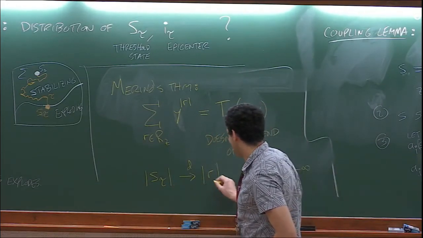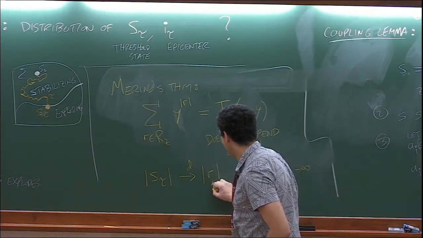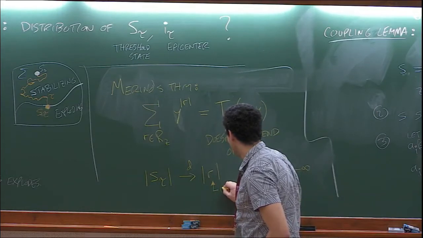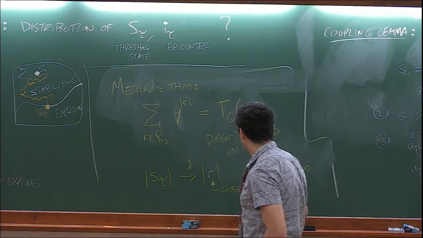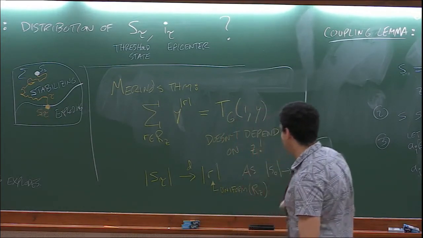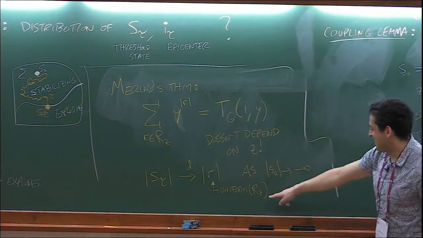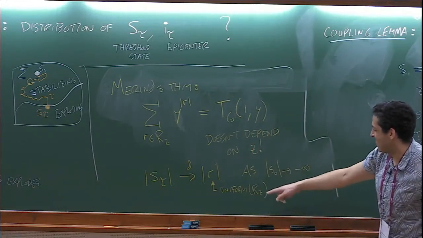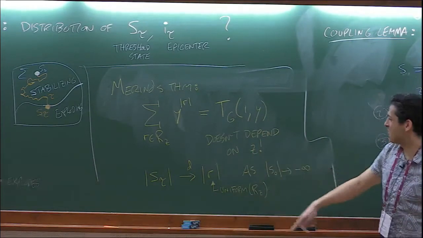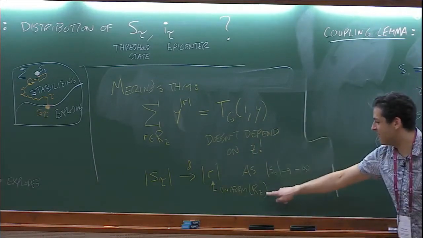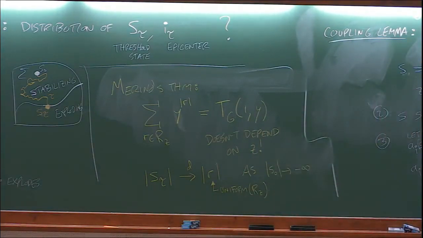So this guy here is the uniform recurrent state. And you need Merino's theorem precisely because the distribution of the number of chips in the uniform recurrent state, by Merino's theorem, doesn't depend on the choice of sink.